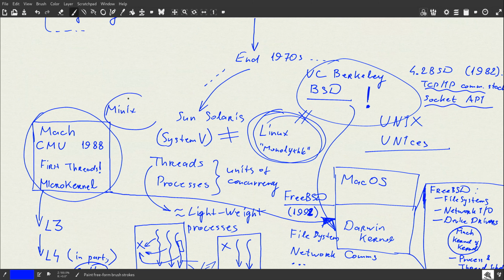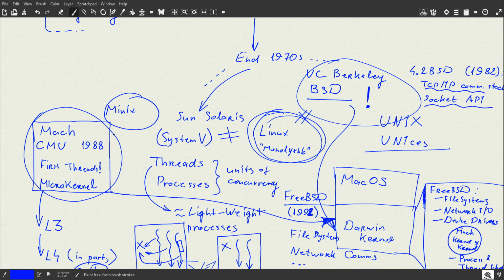Minix is not Mach. They have a completely unrelated pedigree and completely unrelated code base. They emerged at about the same time, manifesting the microkernel based architecture.